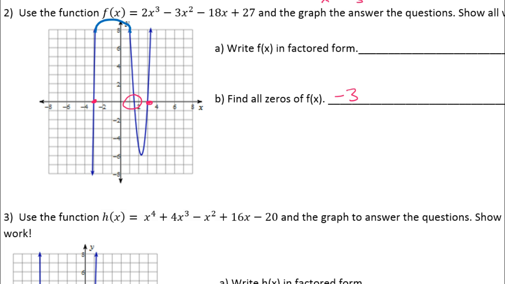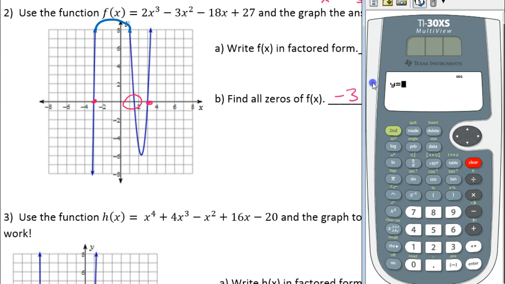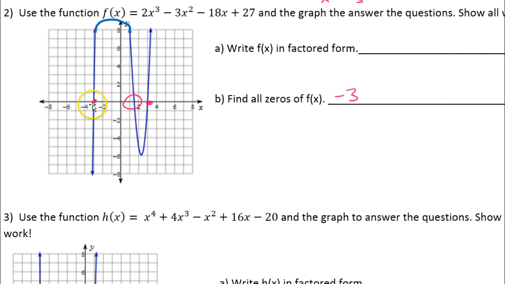You know what, maybe I'll just show you on the calculator as well real quick. So imagine I were to take this and type it into the calculator. Okay, I typed it in. Alright, so I'm scrolling down. And oh look, there's a 0 at -3, and that's the same -3 that I'm seeing on the graph.